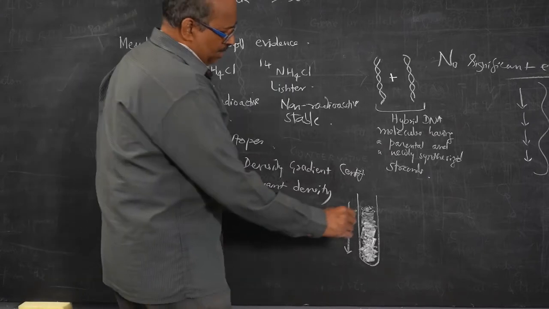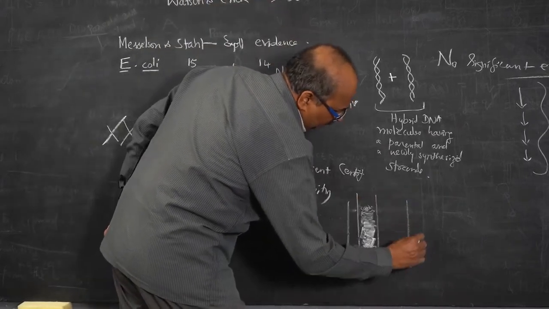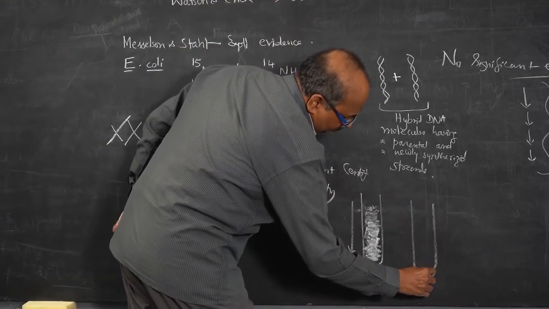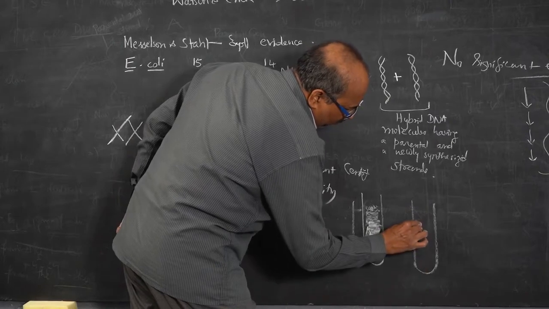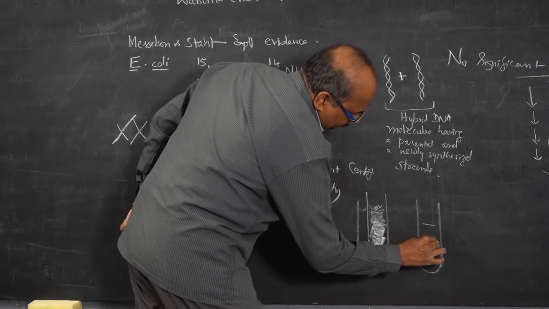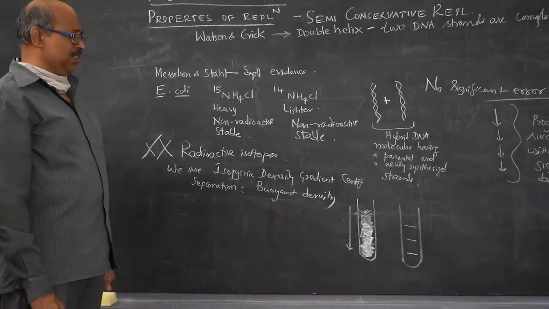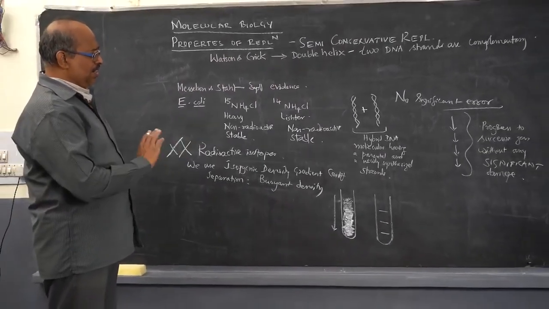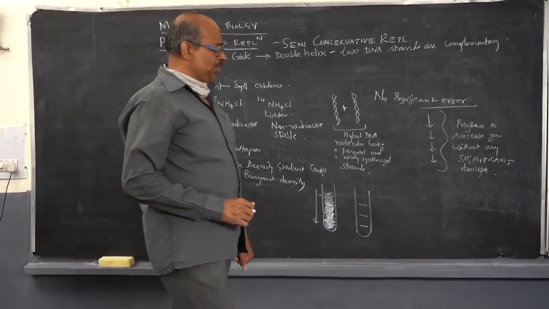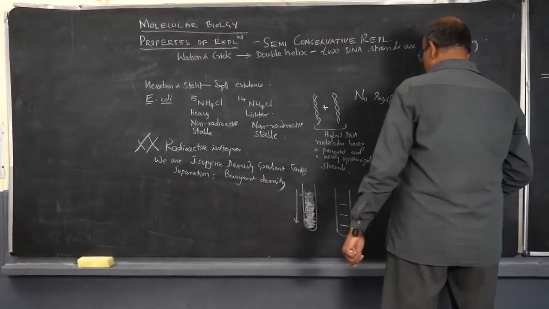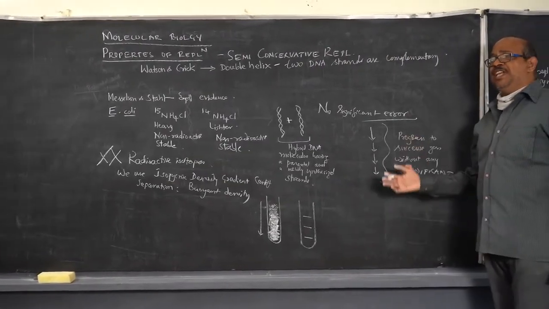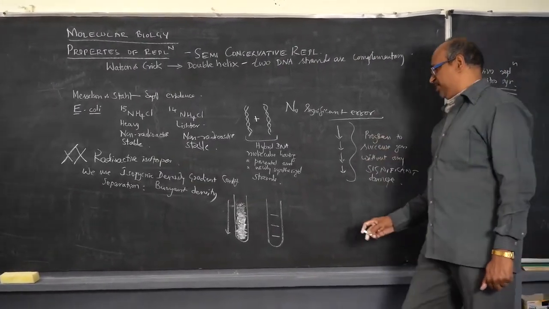So now what happens is the particles separate as per their density, and they form bands. You can see here the particles which were allowed to separate in the gradient separated into three distinct bands.